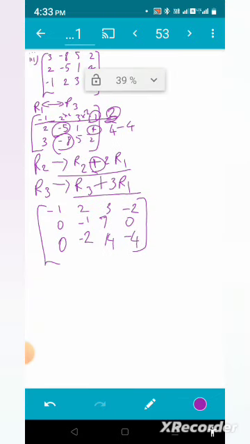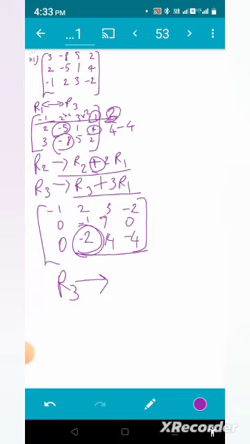So we get this from this equation. R3 gives this number, we get 0. We can change this into 0. R3 gives R3 minus 2R2, because this is 1.